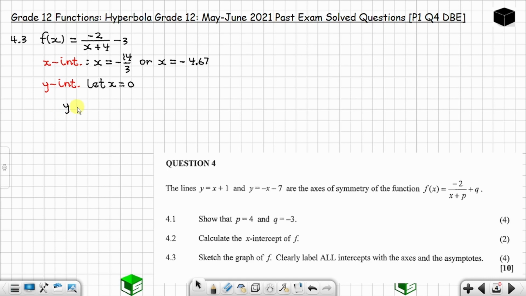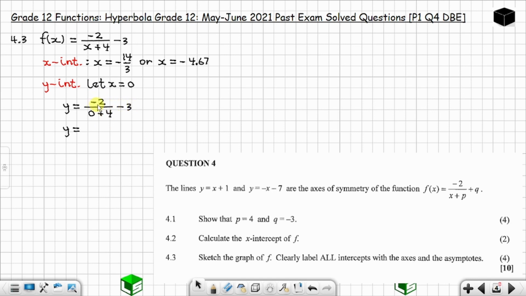Y is equal to -2 over x plus 4, minus 3. So you let your x equal to 0. You have 0 plus 4. Y is equal to -2 over 4, which is -1/2 when you simplify, minus 3.